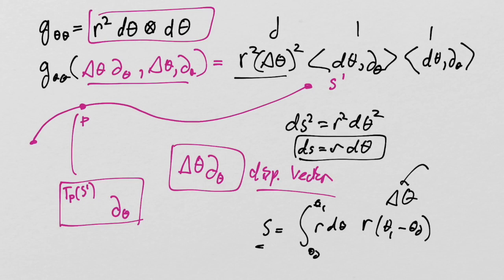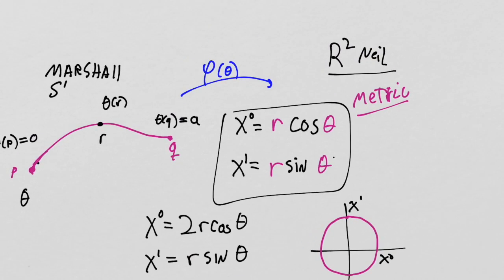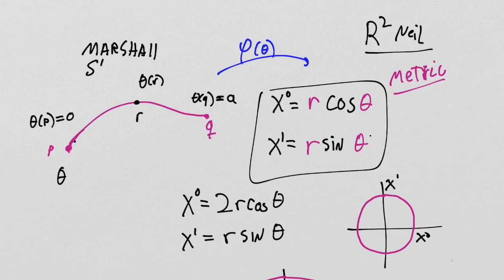So this is one way to do it. Now, when I say it's one way to do it, what I mean is this is one way to make this mapping.